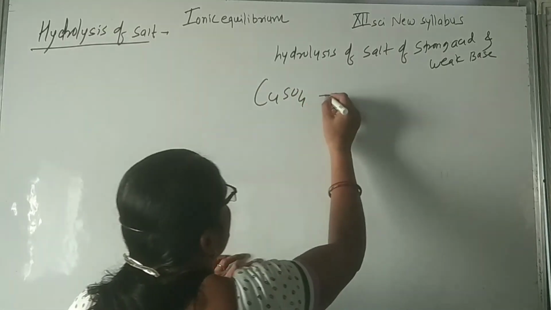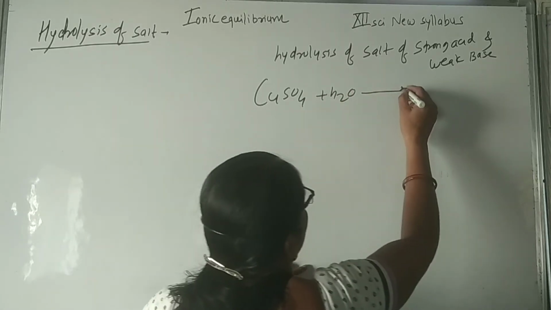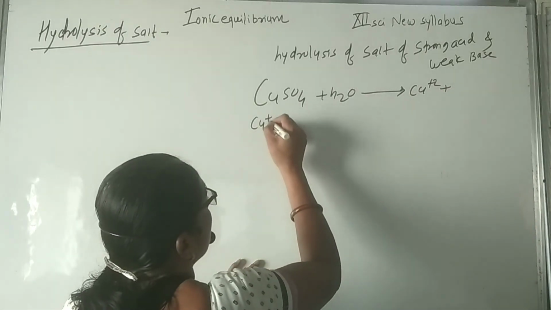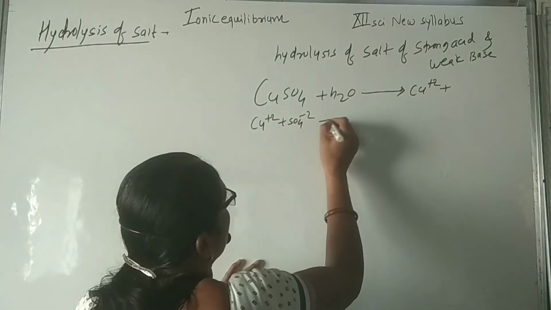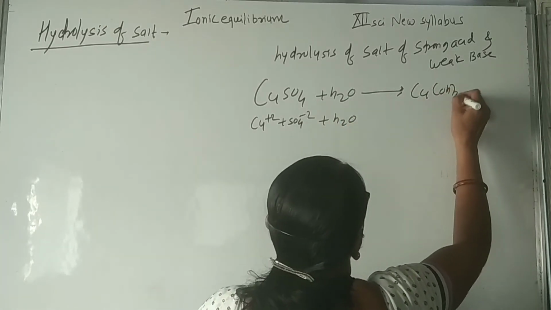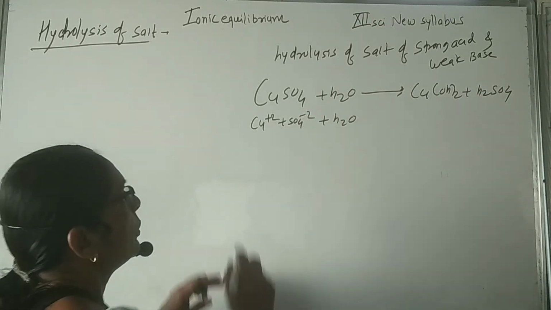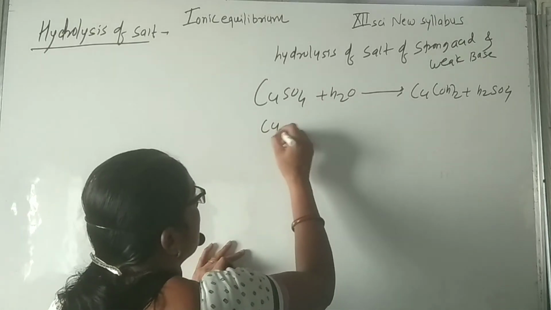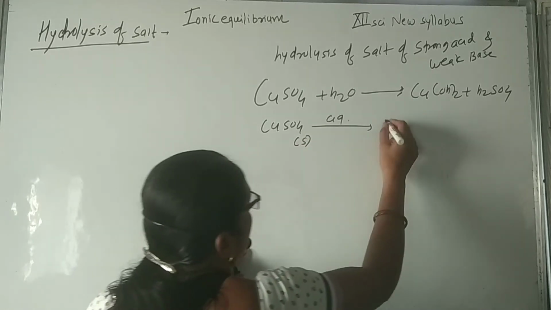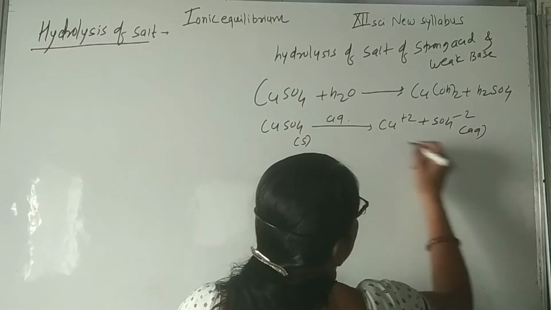When copper sulfate, which is a salt, dissolves in water, it dissociates in this way: it gives Cu plus 2 and SO4 minus 2 ions. When these react with water, they give the corresponding copper hydroxide and H2SO4. I write again: copper sulfate dissolved in water, aqueous, gives Cu plus 2 and SO4 minus 2 ions as aqueous.